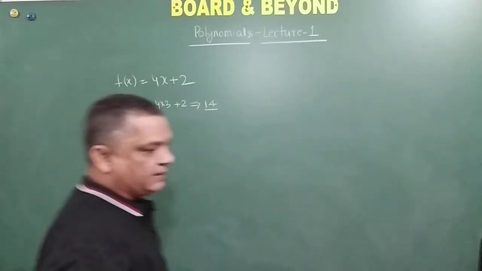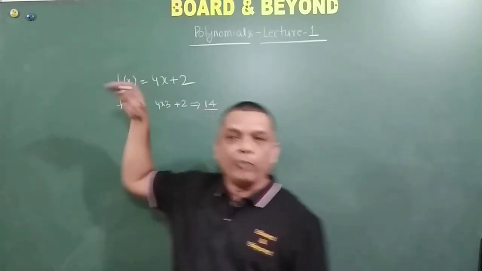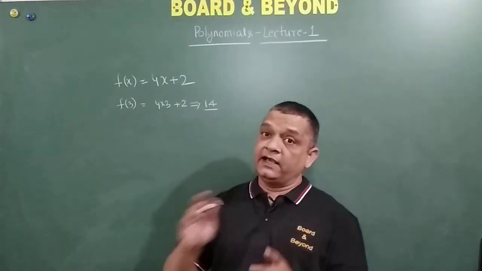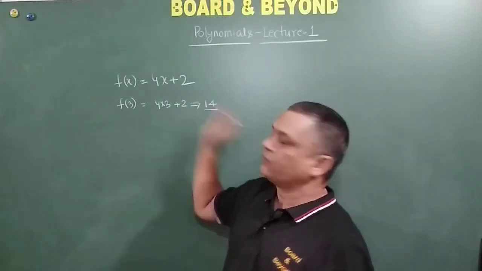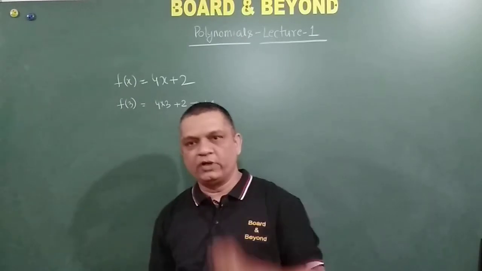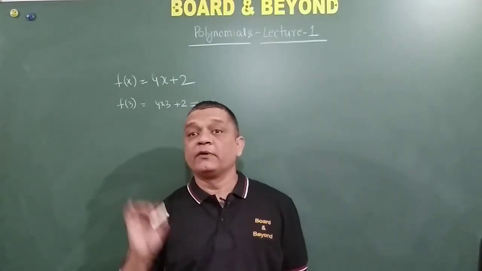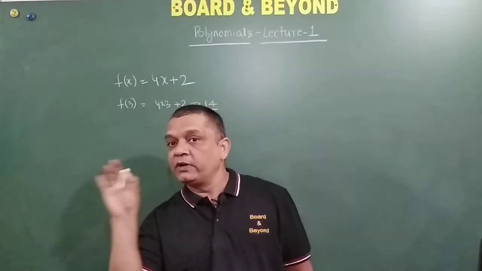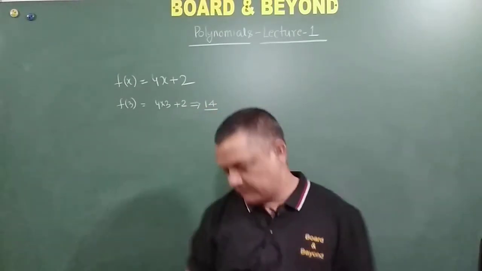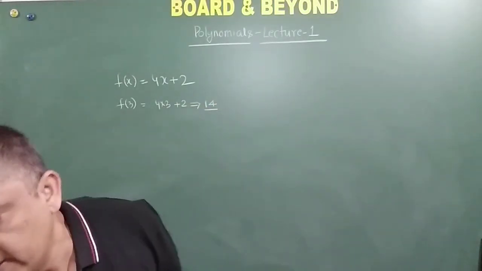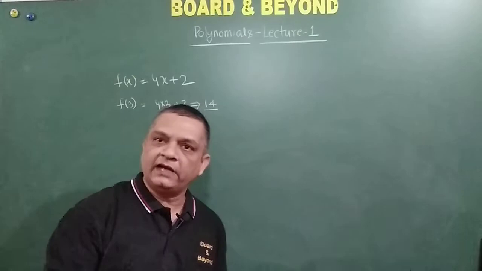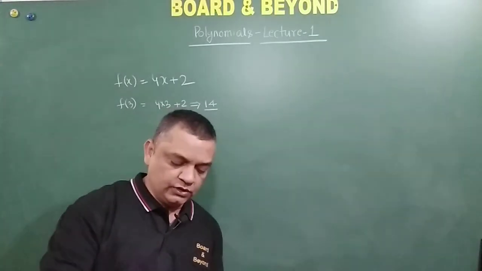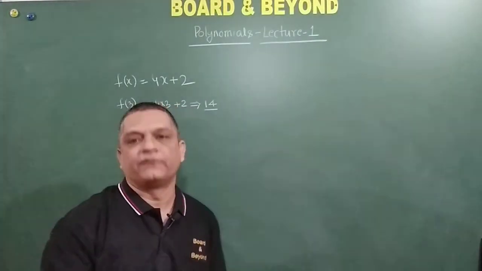So we say that the value of this polynomial at x is equal to 3 is 14. You got my point? This is called a value of a polynomial at a particular given point.